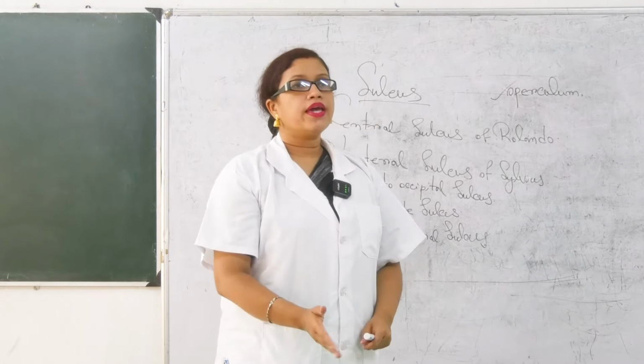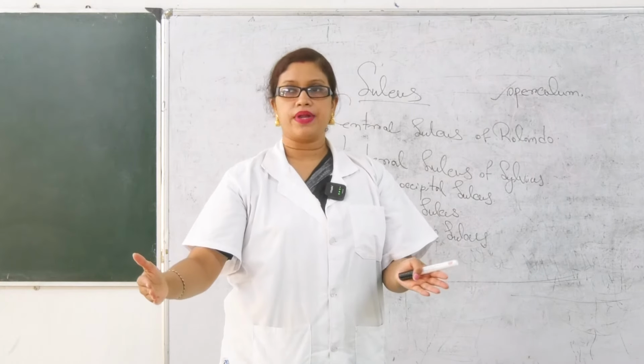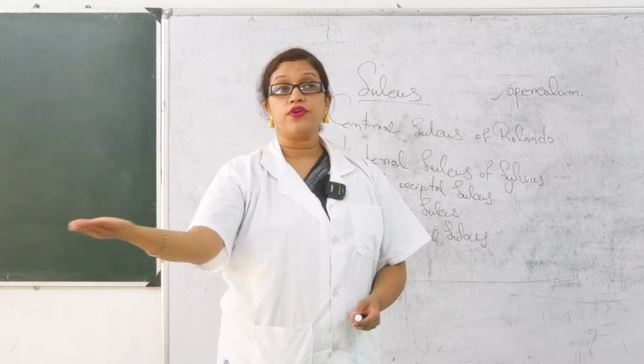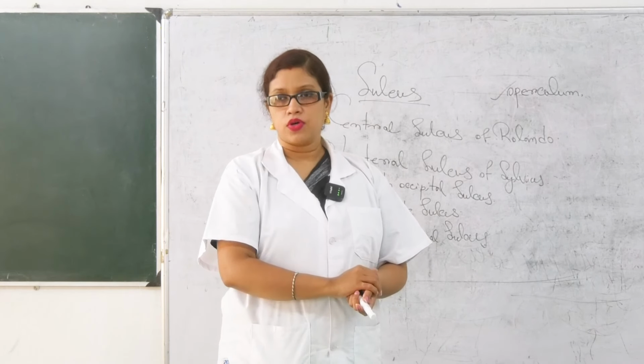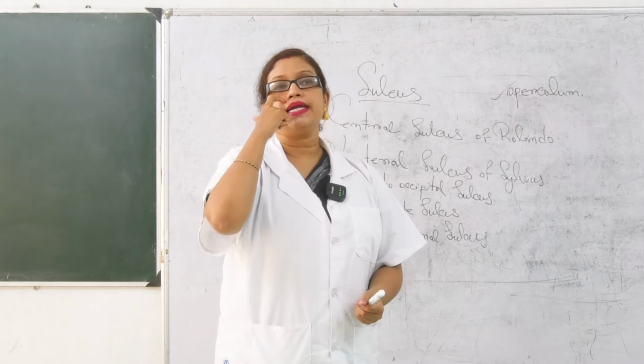If you do a sagittal section, you get the right and left cerebral hemispheres. But if you do a horizontal or transverse section, what will you get? Write it down: internal capsule.